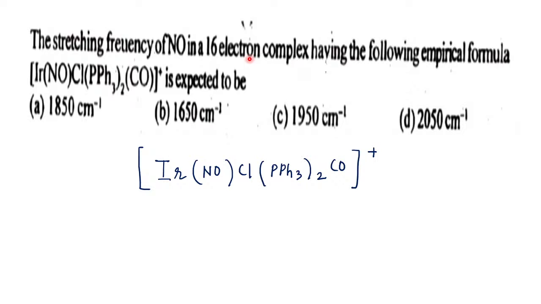It's given that this complex obeys the 16 electron rule, so you have to find the stretching frequency of nitrosyl. The options are 1850 cm inverse, 1650 cm inverse, 1950 cm inverse, and 2050 cm inverse. These are the four options.